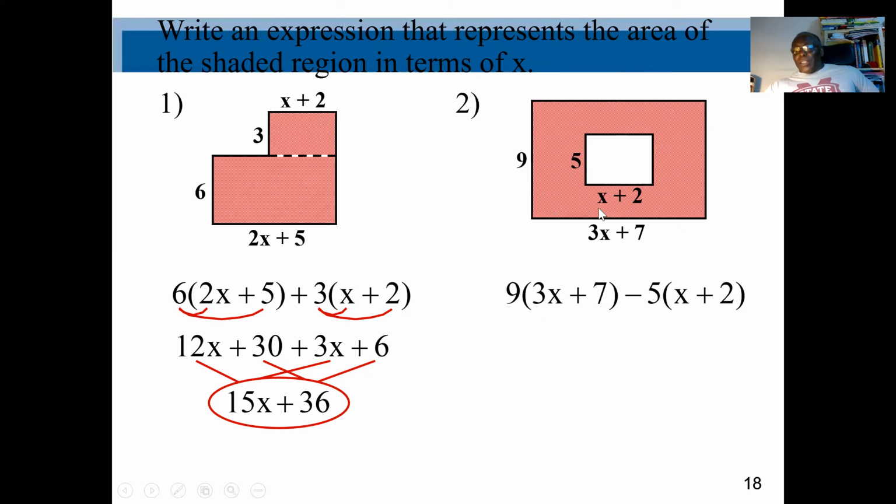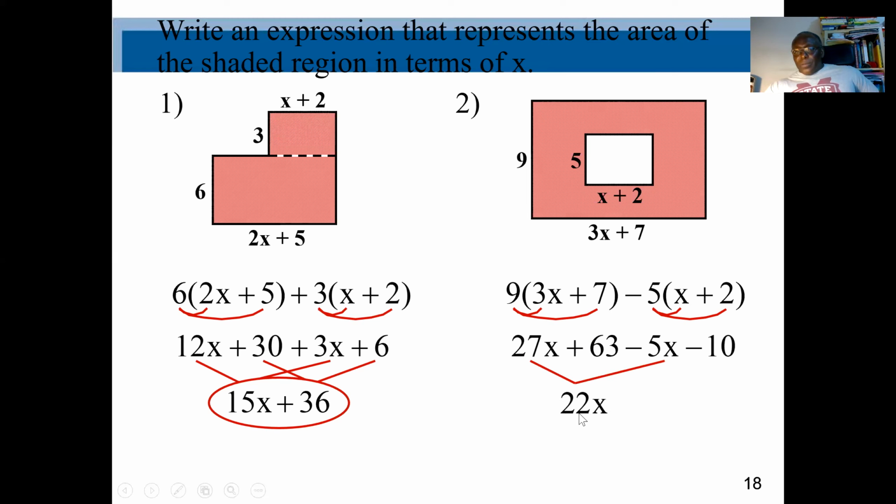So we have to subtract 5 times x plus 2. The area of this small part which is not shaded, we subtract from the whole area of the object, because the question asks for the area of the shaded region. So this will give me 27x plus 63 minus 5x minus 10. Combining it, 27x minus 5x gives me 22x. Then 63 minus 10 gives me plus 53.